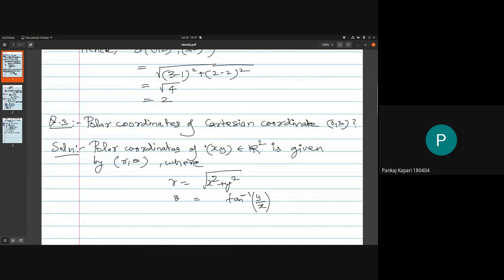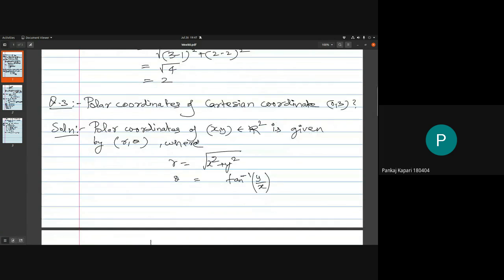Now in the third problem we have to find the polar coordinates of the Cartesian coordinate 0 comma 3. So what are polar coordinates?